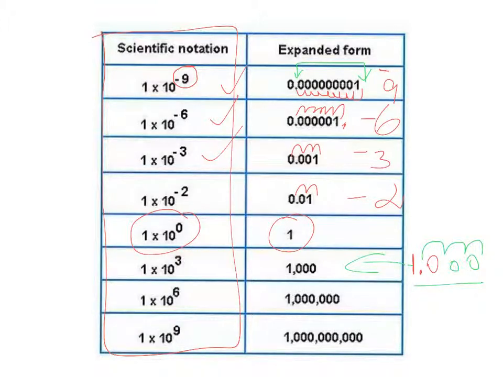Same again, we've moved it 6 times, so there's 6 zeros, and again down here we've moved it 9 steps, so it's 9 zeros.